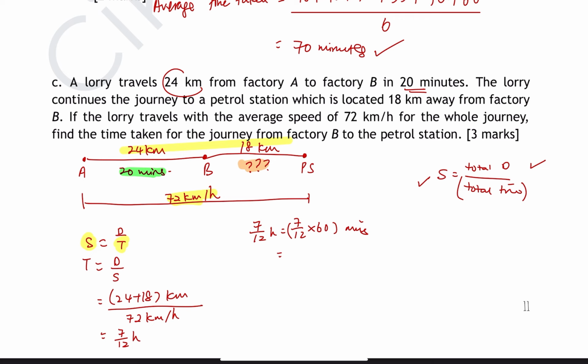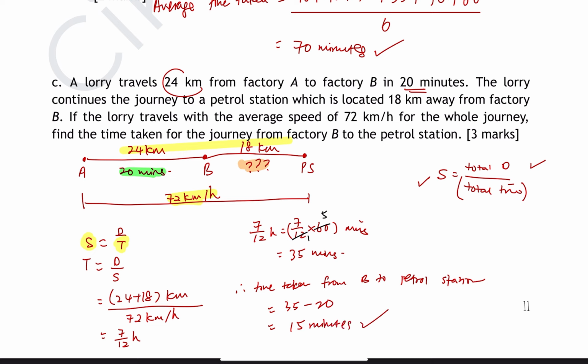So simplify it, you have 5, 5 and 7, you get 35 minutes. Which means through the entire journey, you use up 35 minutes. Okay? And lastly, time taken from B to petrol station. You will just use your 35 minutes to minus 20 minutes, and 15 minutes is the answer for this case.